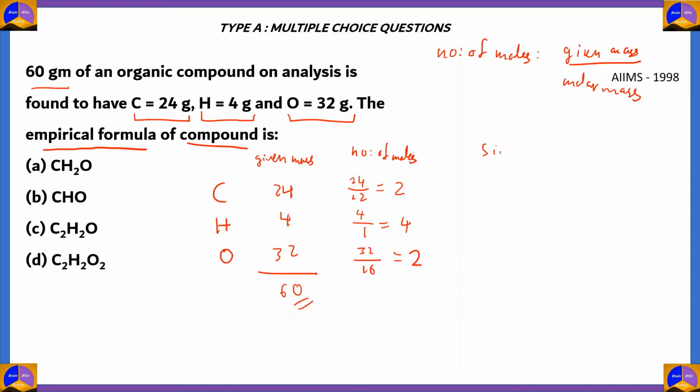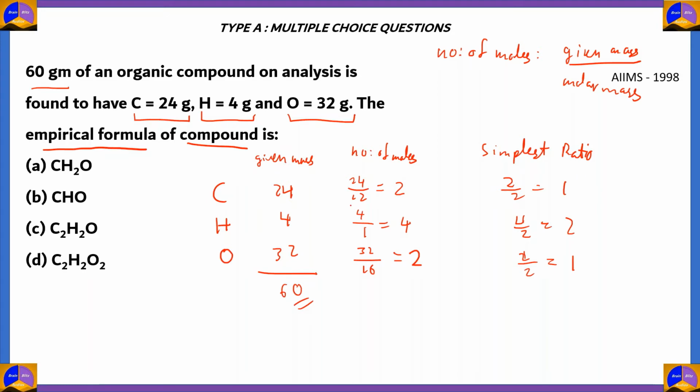Now we convert it to the simplest ratio of the elements. So if you look at 2, 4, and 2, we can simplify that by dividing by 2. So 2 by 2 is 1, 4 by 2 is 2, and 2 by 2 is equal to 1.